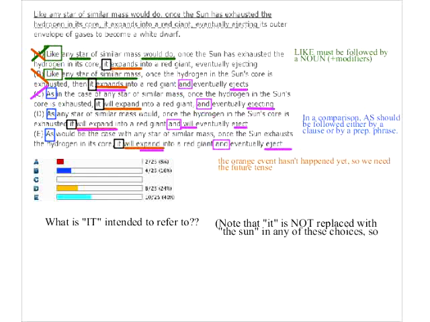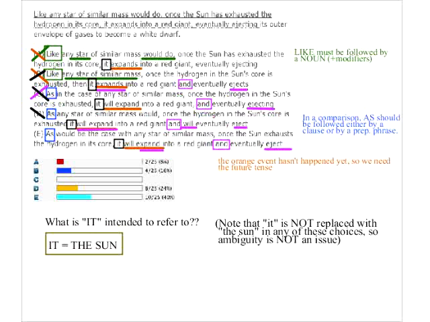So if there is ambiguity, it is not an issue. Yeah, "it" is intended to refer to the sun. So it equals the sun. So notice that based on that, we can eliminate B, C, and D.